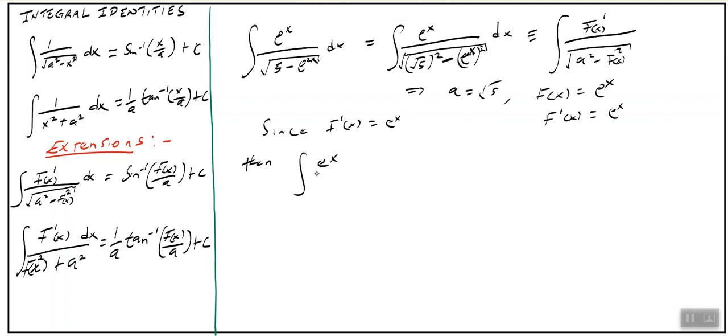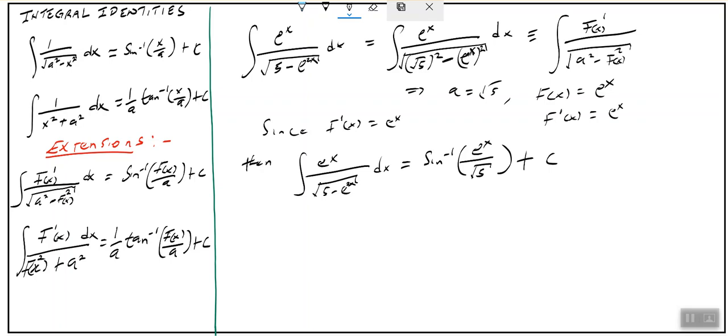The integral of e to the x over the square root of 5 minus e to the 2x dx is simply sine inverse of e to the x divided by square root of 5, plus c. As simple as that.